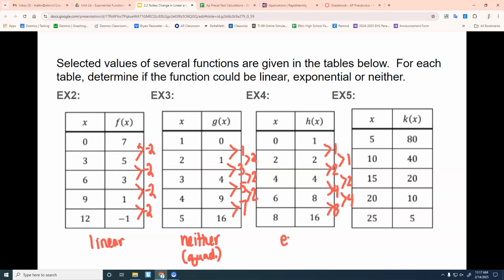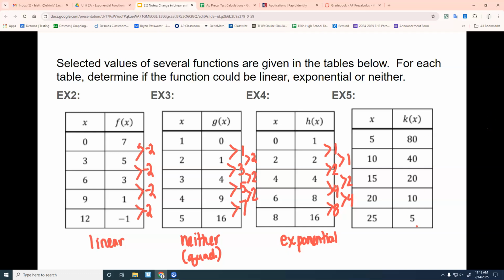This is what exponential looks like. And it's being multiplied by 2. So even though the x values are going up by 2 as well, it doesn't matter, as long as they are equal lengths, like you're going up by 2 each time or 1. It couldn't be like 0, 1, 7, 10, 15. Then you can just look at the x values.